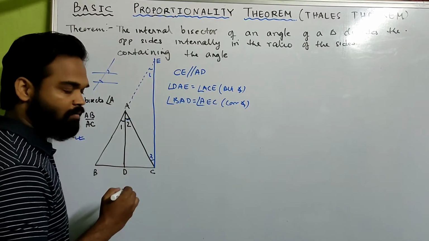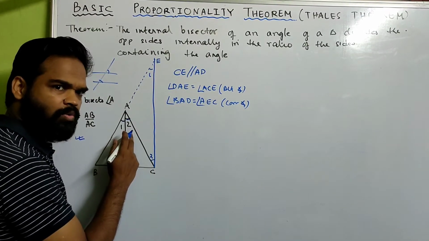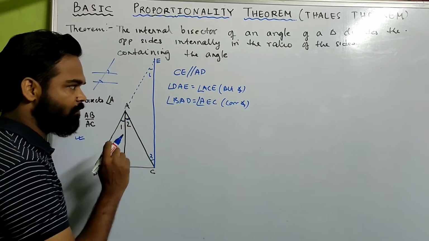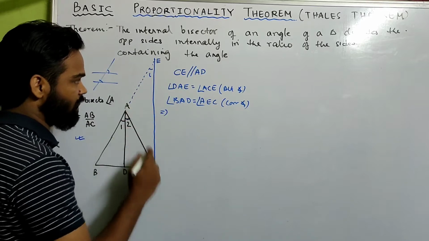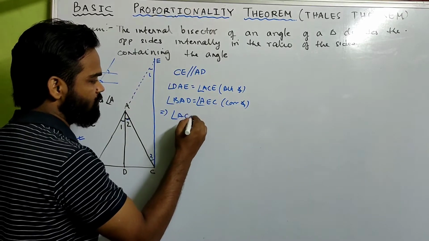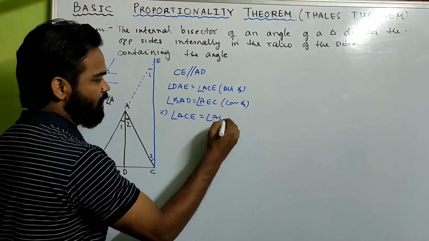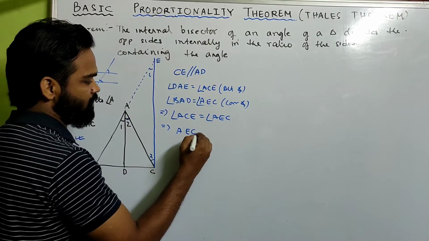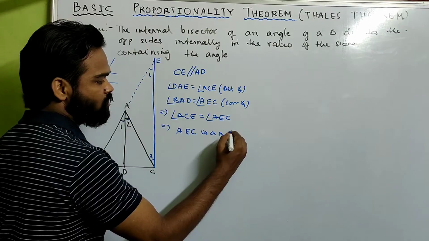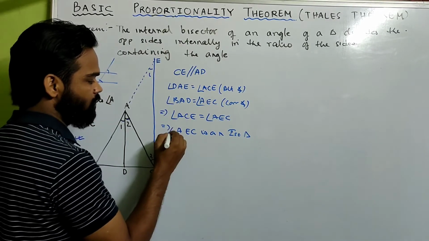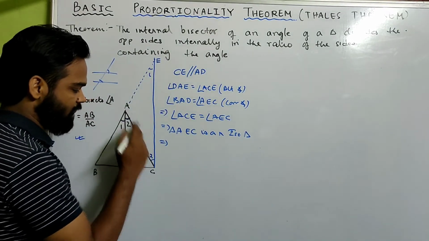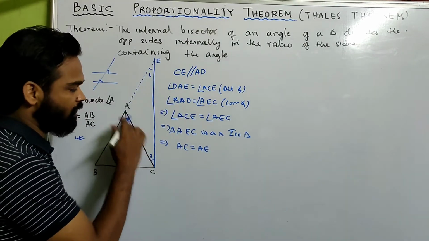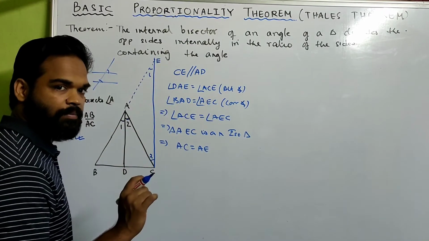Now this is angle 1, this is angle 2. Angle 1 and angle 2 are equal. Why? Because AD is the bisector of angle A, which simply means angle ACE is equal to angle AEC, which means ACE is an isosceles triangle, isn't it? Which means AC will be equal to AE. Now we have proved that this is an isosceles triangle.